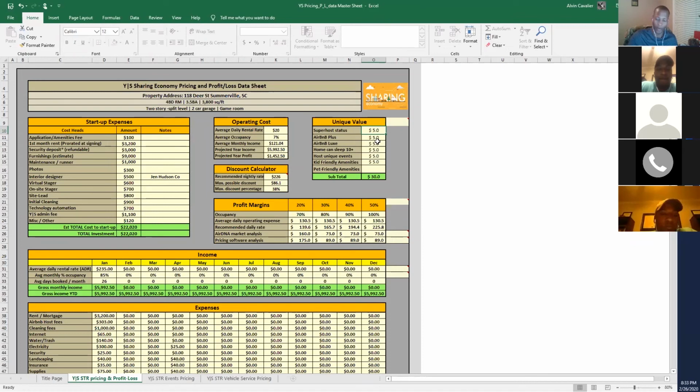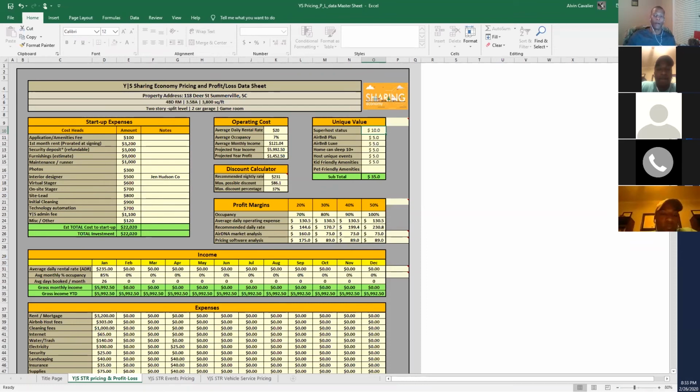So I can go in here and say that my superhost status is worth an extra $10, and you'll see it reflect here in the recommended daily rate. So it helps you get a look at any unique value that you may offer in your market, and then look to price against it and see it reflected here in your daily rate.